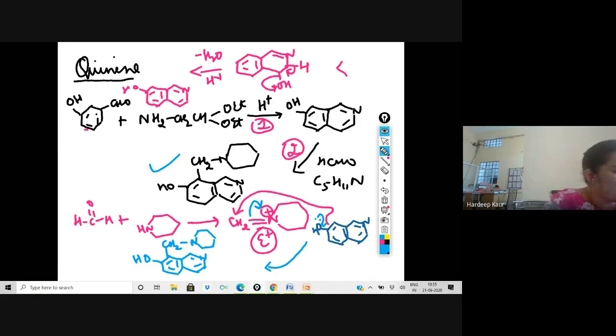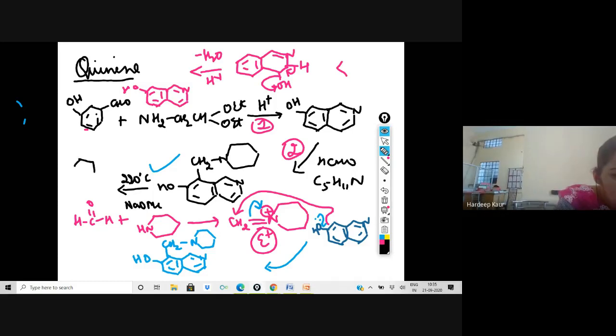Now, after this, when we treat this condensed product with the sodium methoxide, sodium methoxide is base. It's not ethoxide, it's methoxide, methyl. Okay. So with this base we treat and then we heat the reaction mixture at 220 degrees Celsius.